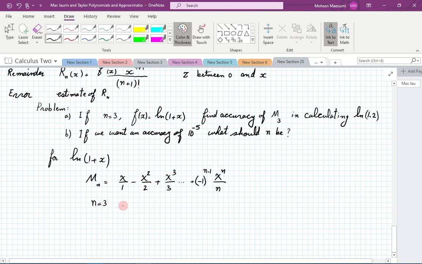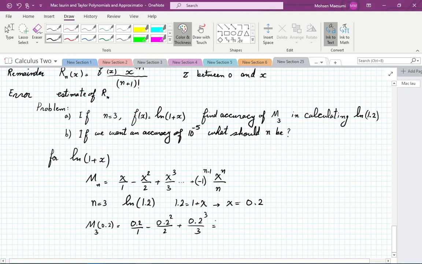And since we are looking at the logarithm of 1.2, when you set 1.2 equal to 1 plus x, that tells you that x is 0.2. So if you want to calculate M3 at 0.2, you get 0.2 over 1 minus 0.2 squared over 2 plus 0.2 cubed over 3.